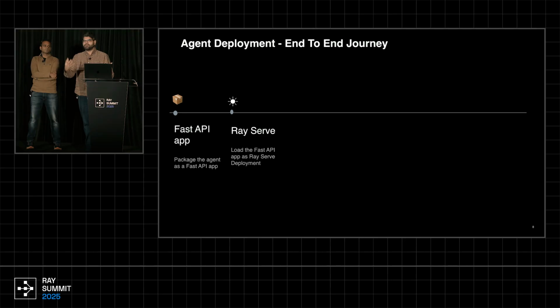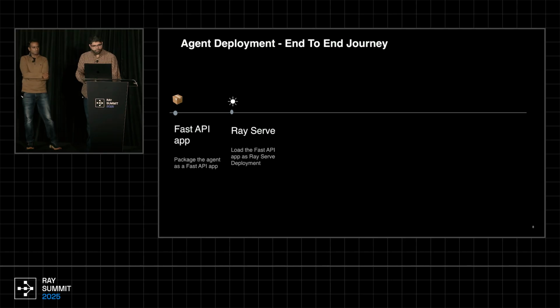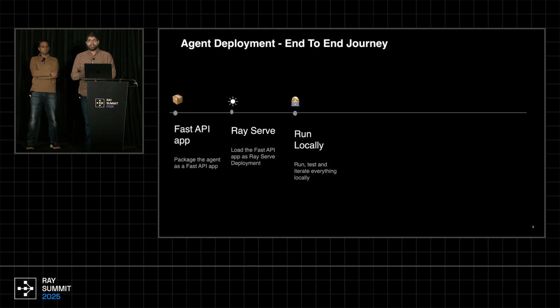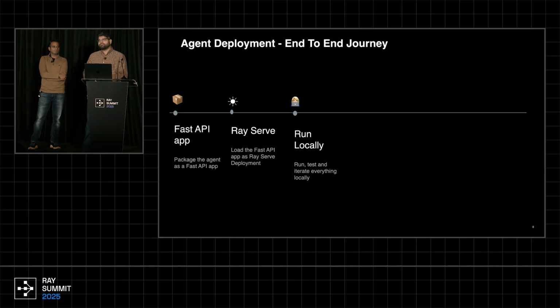Once I have a FastAPI based application, I can easily wrap it and make a Ray Serve application. The next step is that I would like to run this locally and iterate fast, make changes, validate things, and then keep adding more and more features until I'm ready to take it to the next stage. Ray Serve really gives everybody the capability to do this very fast and very seamlessly.